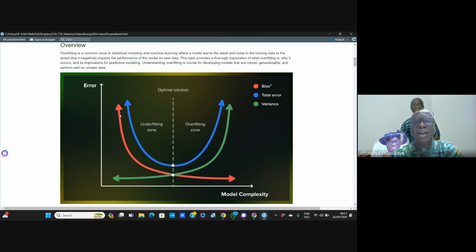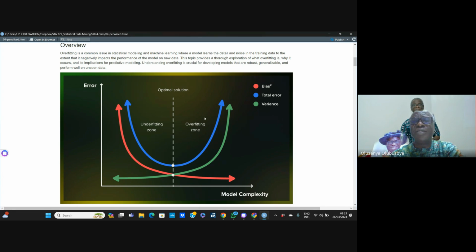But as you complicate the model, the bias square will come down towards 0. So it will reduce the bias, but the model variance will be very, very high, which means the model will not be able to perform very well outside the data used to train it.